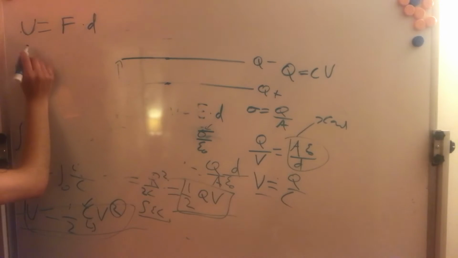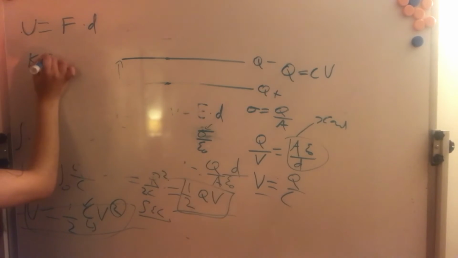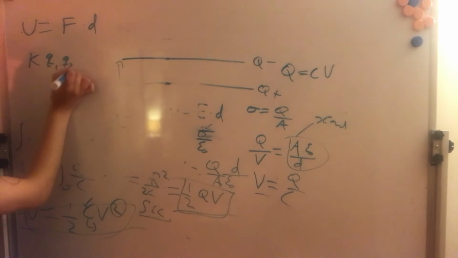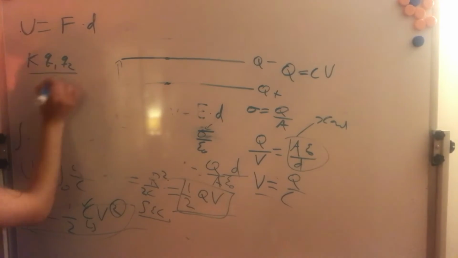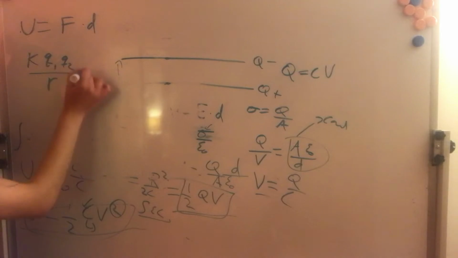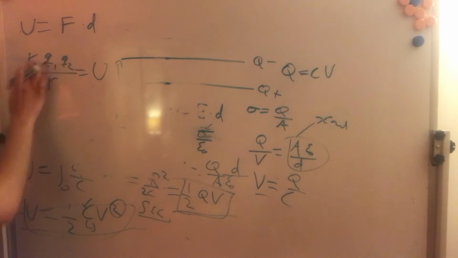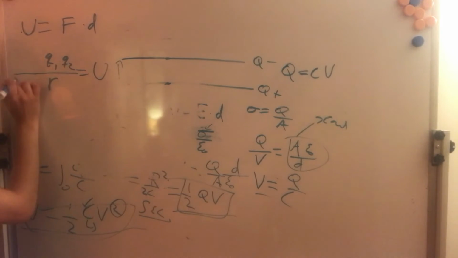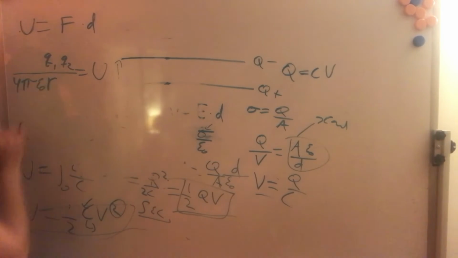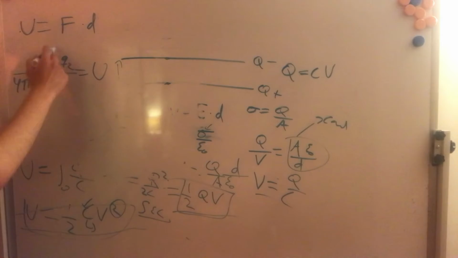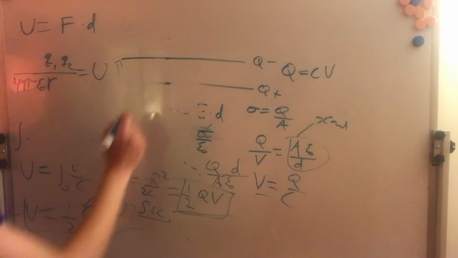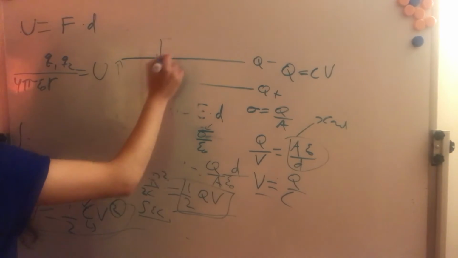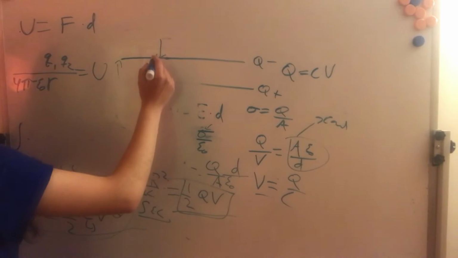The force is Coulomb's constant times Q1 times Q2 divided by R squared, times this R, which would be just R. This is U, and the K you can put as 1 over 4 pi epsilon naught.